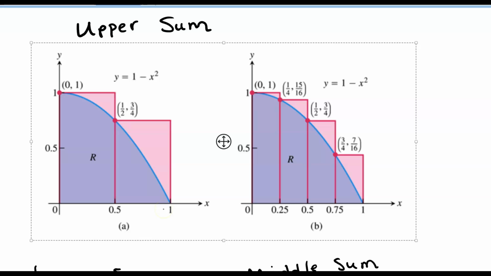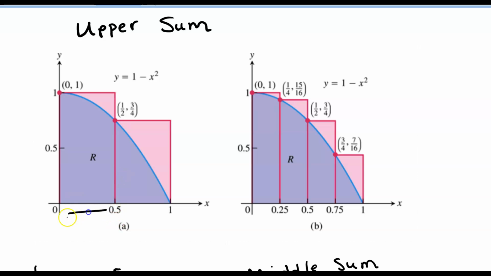Suppose they said, use two rectangles to approximate the area under the curve using an upper sum. So if you're going from 0 to 1, you'd have to cut it in half to create two rectangles. So the change in x is going to be 0.5 and 0.5. That is what I call your delta x.